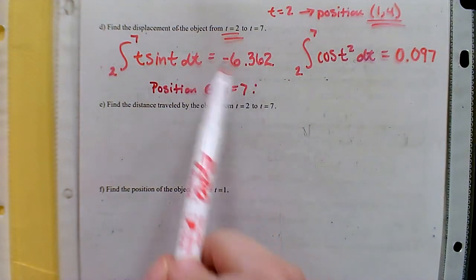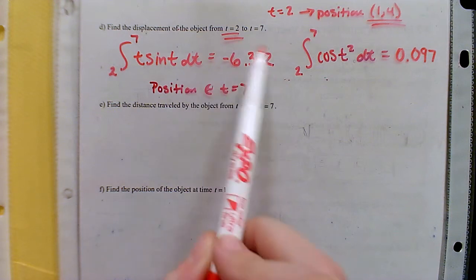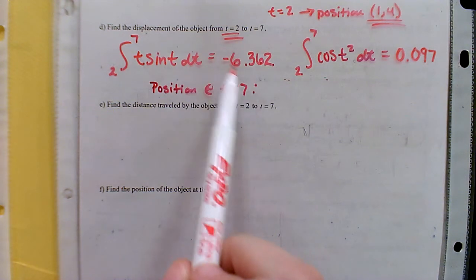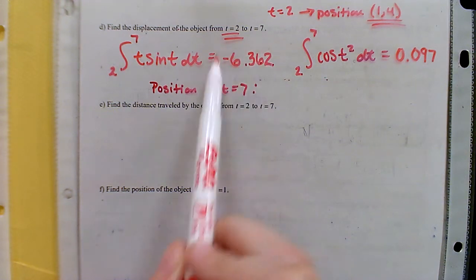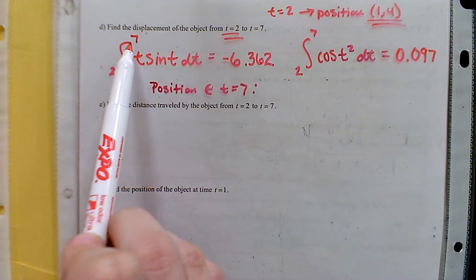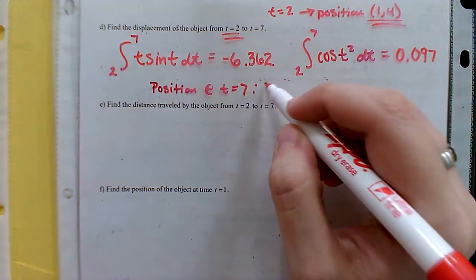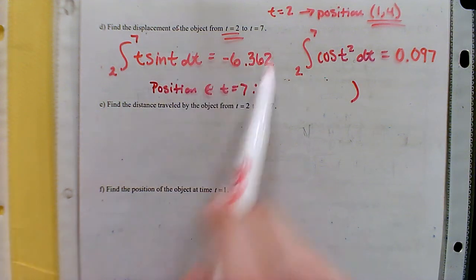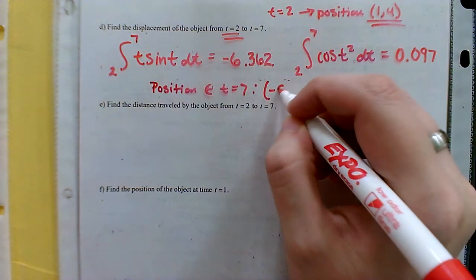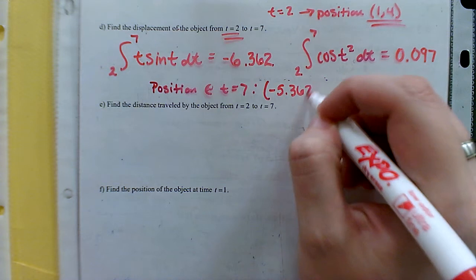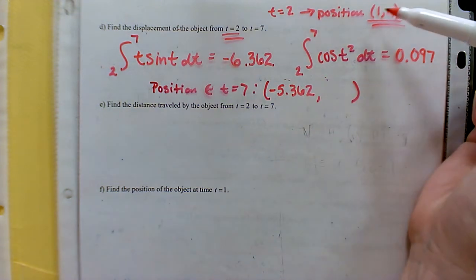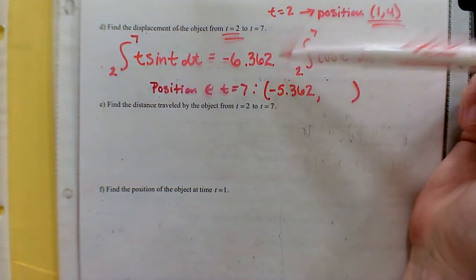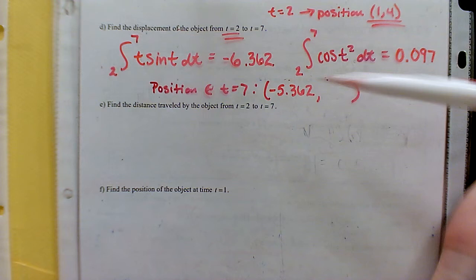and this is how much the x-coordinate changes. Okay, this is your displacement. This is how much it changes up to time 7. Can we figure out what the new x-coordinate would be? I think it'd be 1 plus the displacement. 1 plus the displacement, right? So that would end up being negative 5.362. You start at 1, and you have a negative change of 6.362.